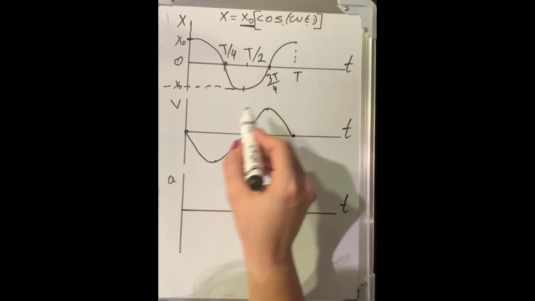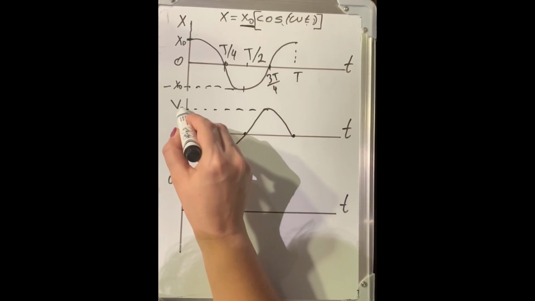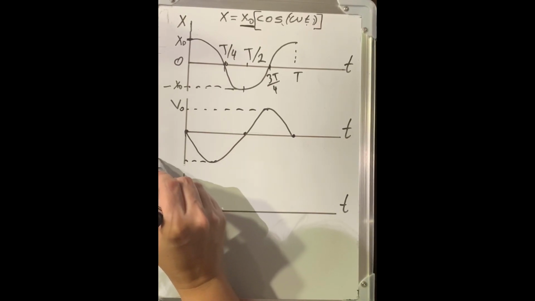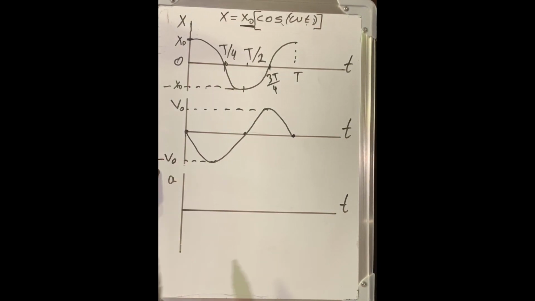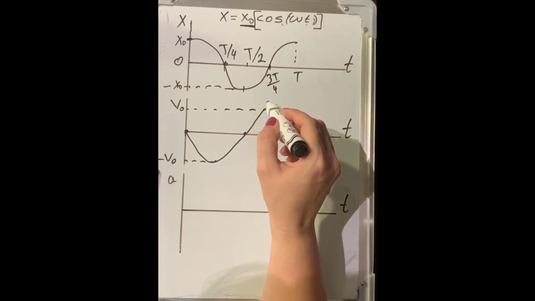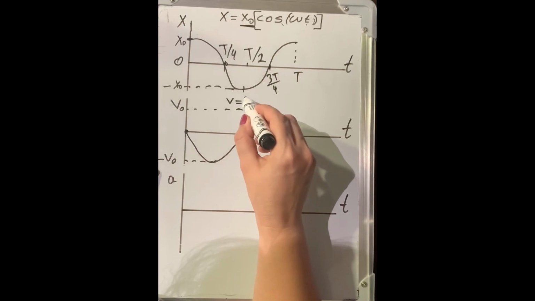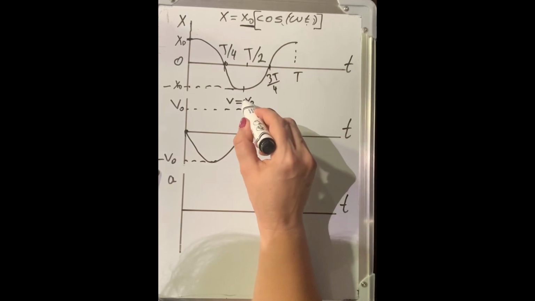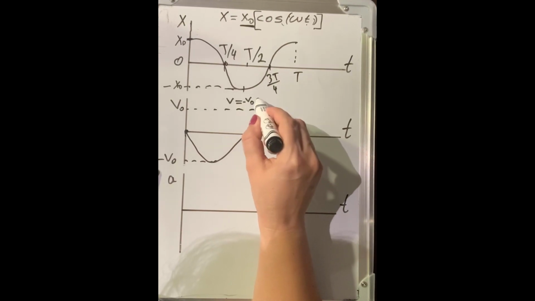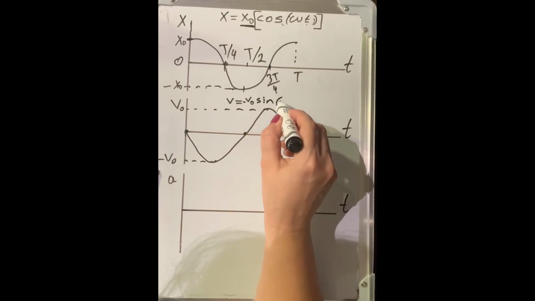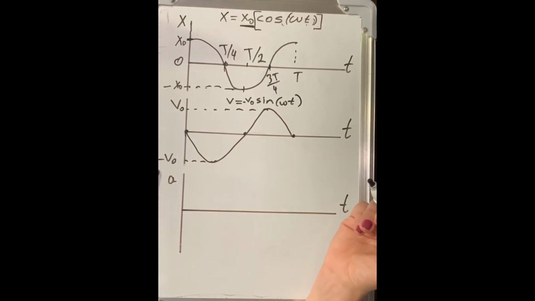So you can write this graph, this is V0 and this is negative V0 being the maximum value. You can write this as v equals V0 negative sine omega t.